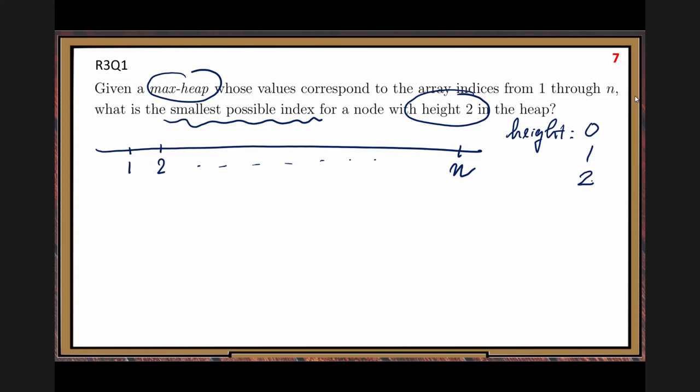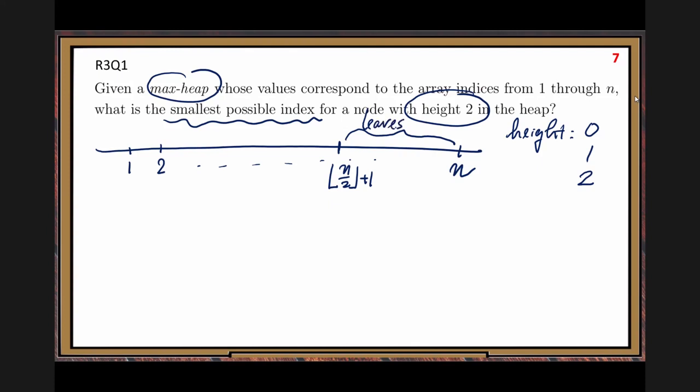Remember the range of the leaves. The formula for the range of the leaves is floor of n over 2, plus 1. This is the range of the leaves.